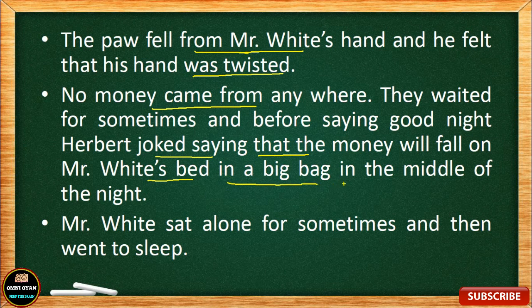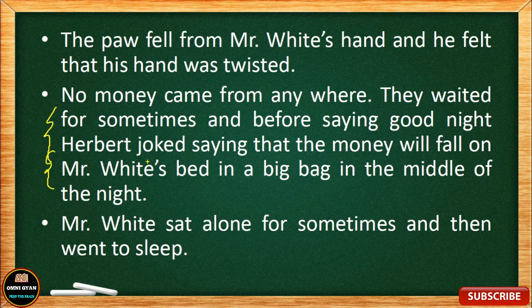So in the middle of the night, in a very big bag, the money will fall on your bed, I'm sure. And Mr. White also felt very bad that I have become a fool. This Morris gave me a monkey's paw, telling all kinds of rubbish about magic and this and that, but ultimately nothing happened.